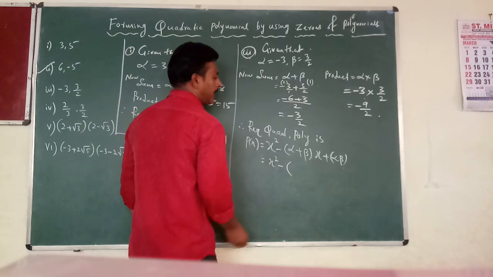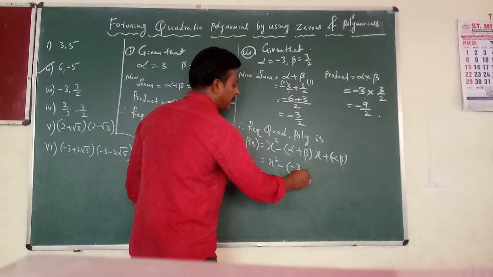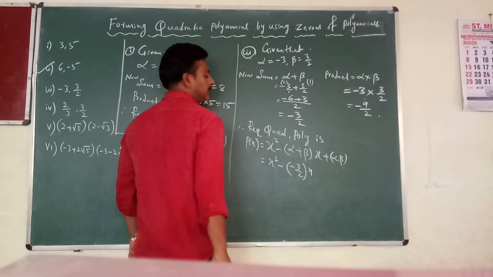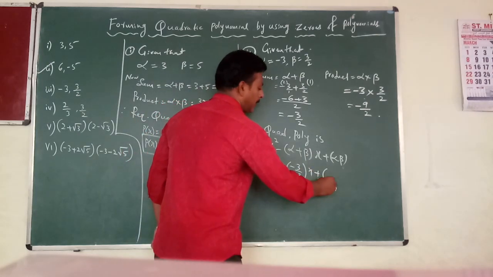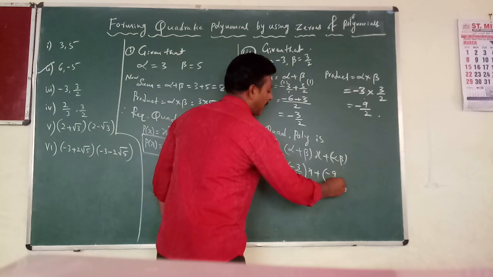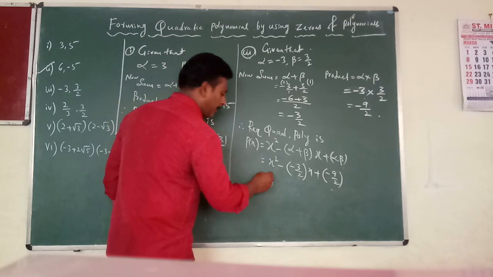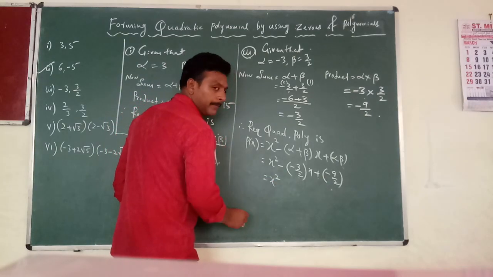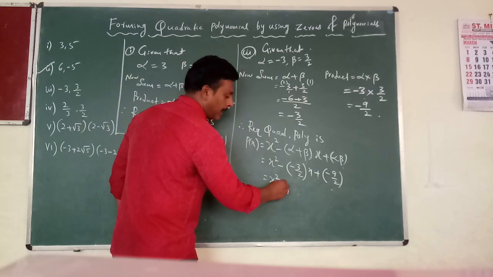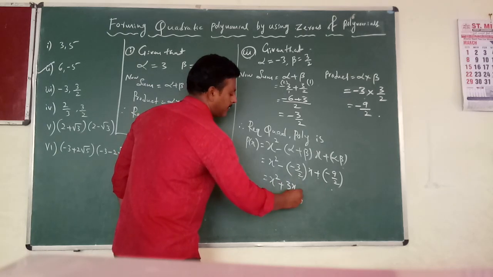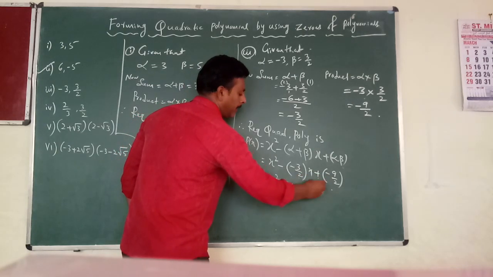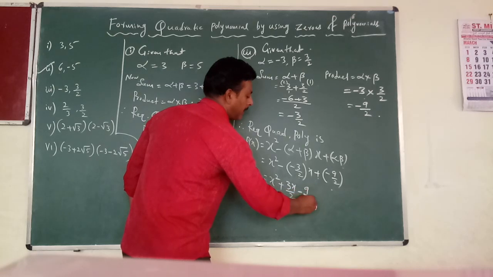Minus into bracket -3/2 into x. Next plus into bracket -9/2. Next my job is to remove the bracket. To remove the bracket, x square, minus into minus plus 3x/2, plus into minus 9/2.